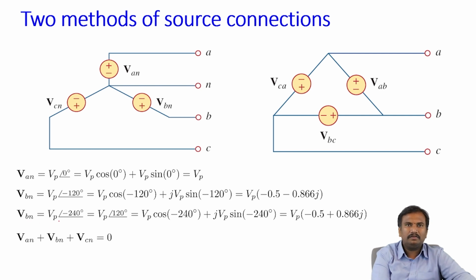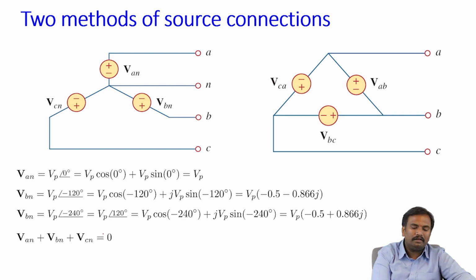And VCN is equal to VP at an angle minus 240, that is VP at an angle 120 degrees. If we substitute, VP cos(minus 240) plus j VP sin(minus 240), we are going to get VP into minus 0.5 plus 0.866 j.